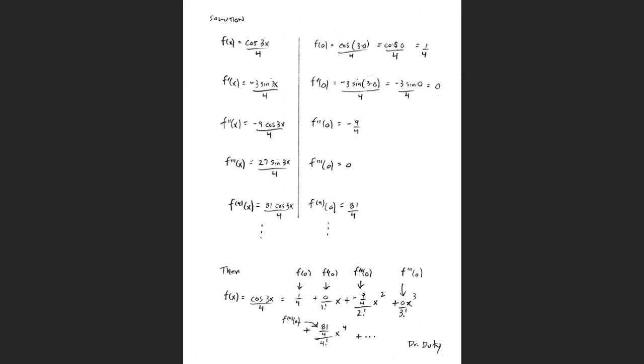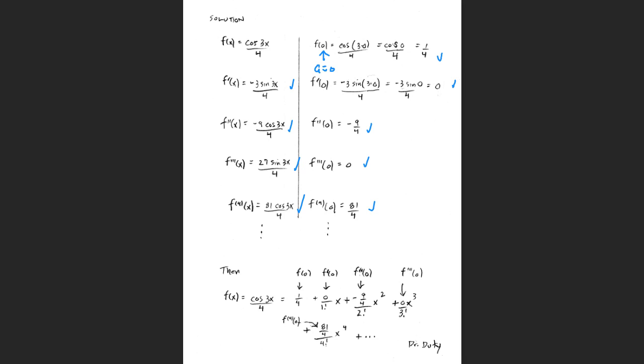Of course, we're using the chain rule. I get the first derivative, second derivative, third derivative, and fourth derivative. And I'm going to let you copy here. And then I evaluate those derivatives at 0 because a equals 0. And I get these values.